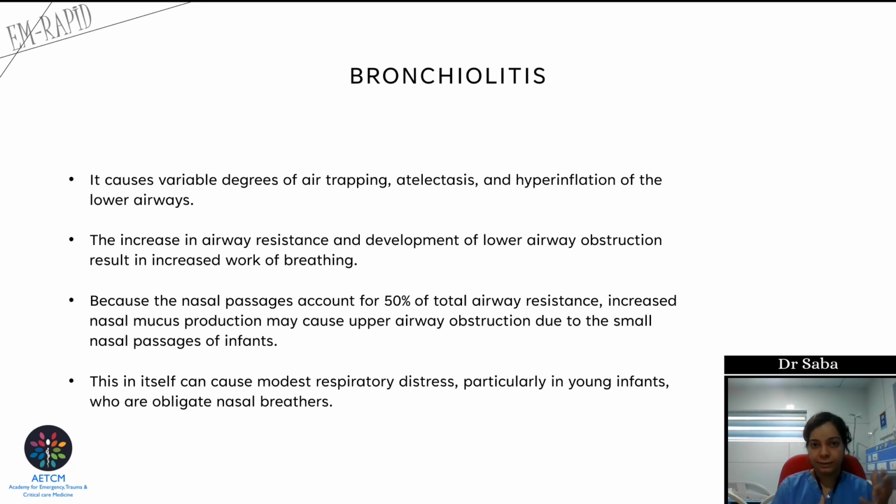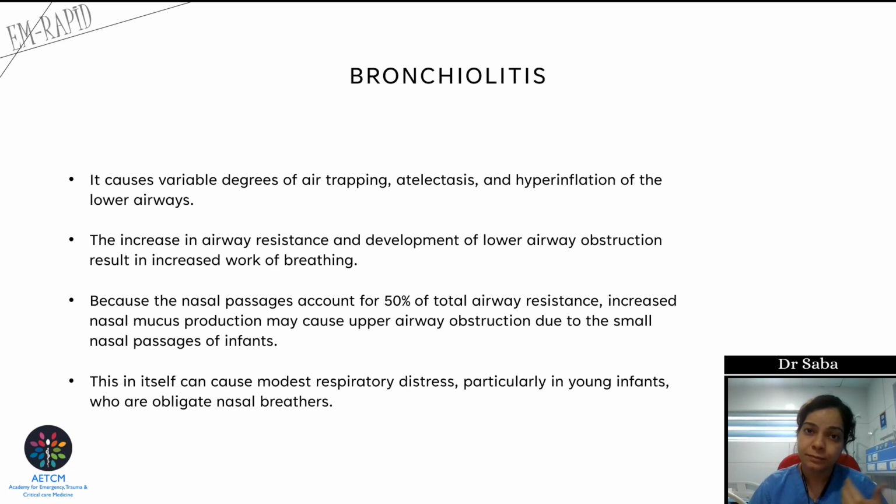And like I said, all of this will ultimately cause respiratory distress, particularly in the young infants who are majorly nasal breathers. So in adults, at least, people can use their mouth for respiration, but infants are generally nasal breathers, and because of their small nasal passages and increased mucus production, that will lead to increased airway resistance and cause obstruction.